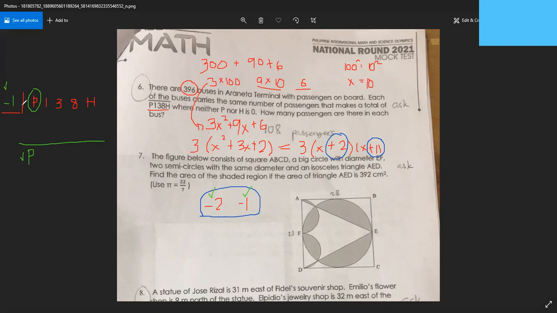P times -1 is negative P. Question? Okay, clear. Next, add the numbers in this column: 1 plus -P, and that will be 1 minus P.